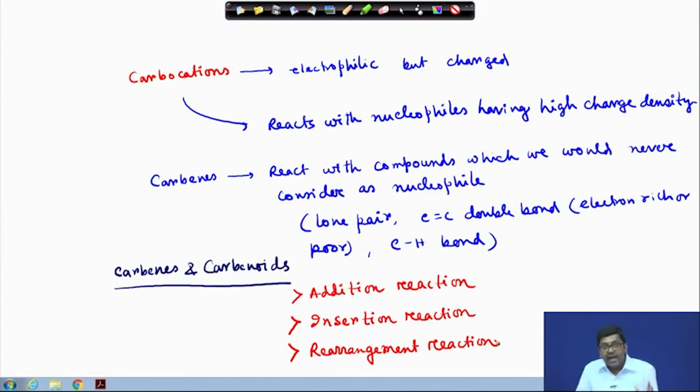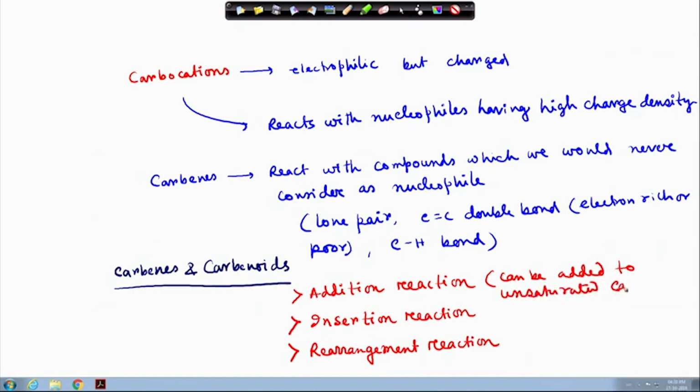What types of addition reactions can they do? In principle, they can be added to various types of unsaturated carbon-carbon bonds. So, in general we will discuss these three types of reactions for carbenes and carbenoids: addition reactions, insertion reactions and rearrangement reactions.